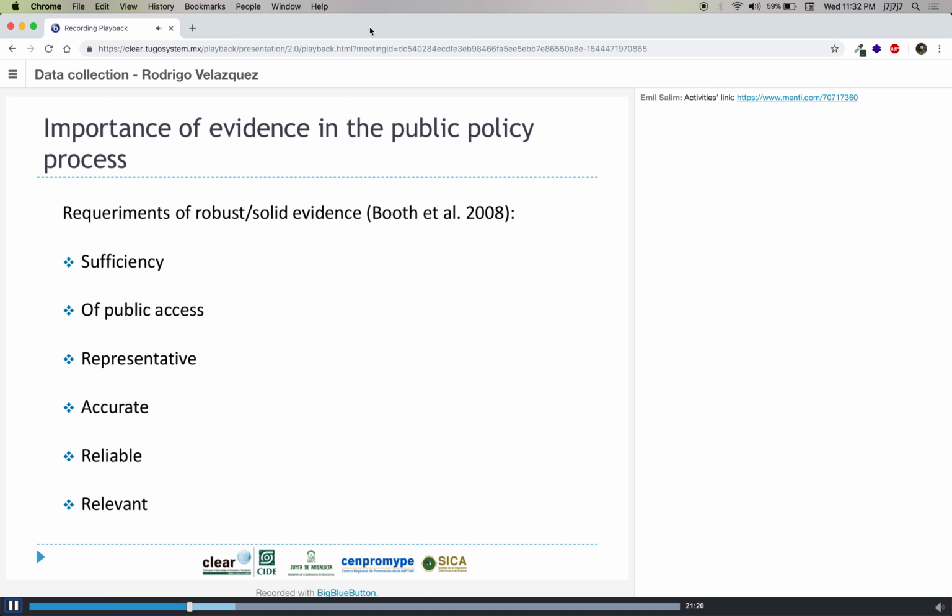For instance, our intention to eradicate or improve a problem is not going to be successful if the evidence cannot be accessed.